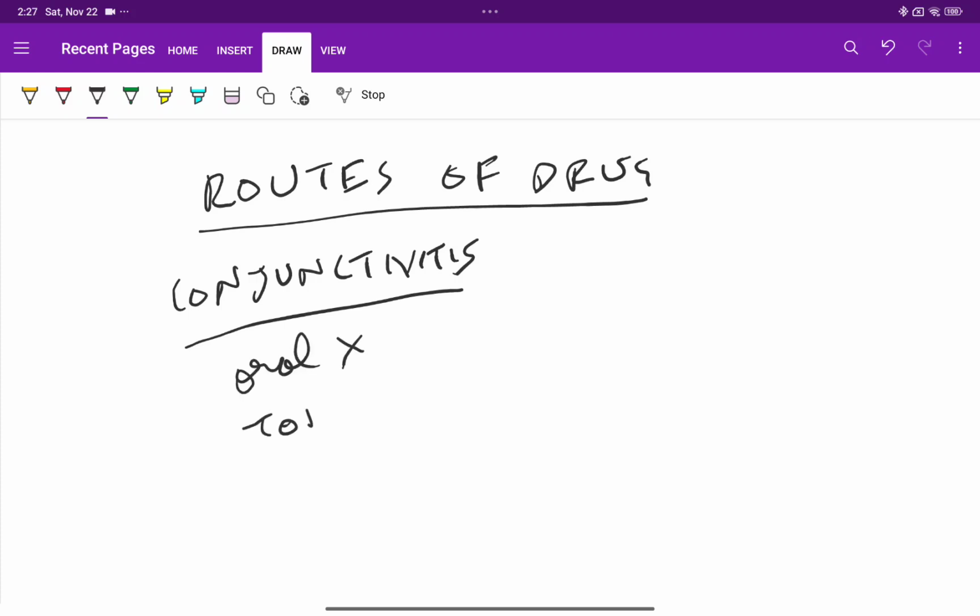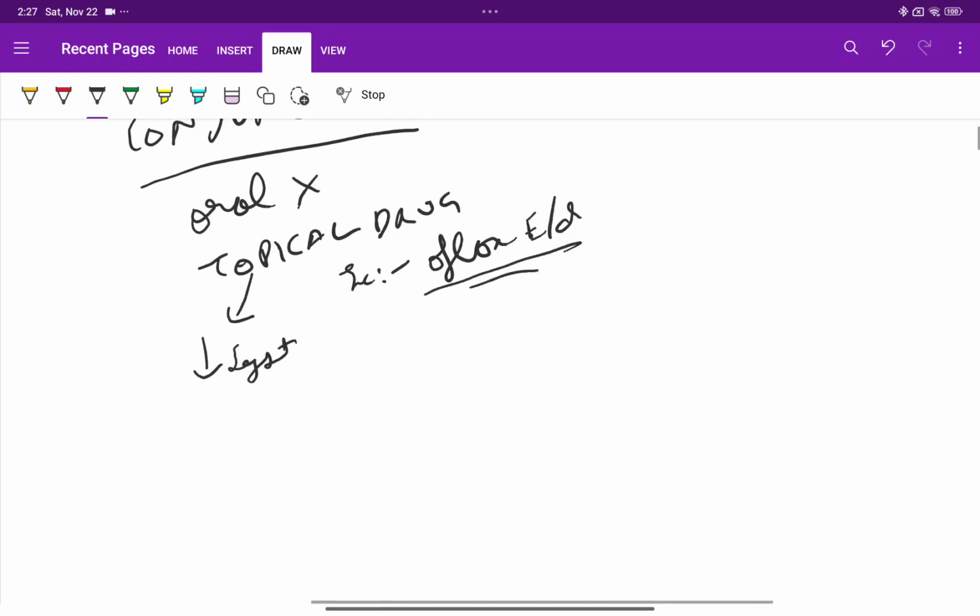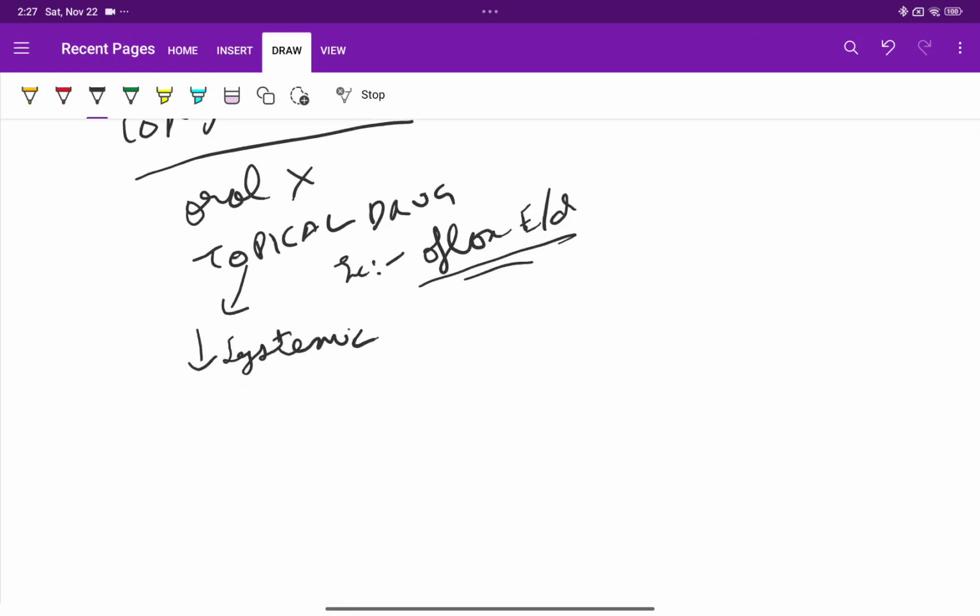It is better to give a topical drug, for example, ofloxacin eye drop, because the topical drug reduces the systemic side effects when compared to the oral drug.